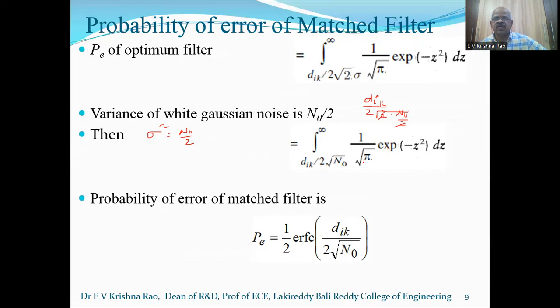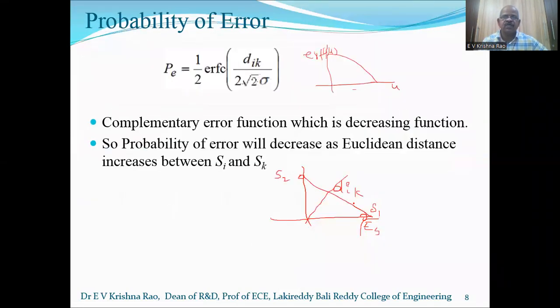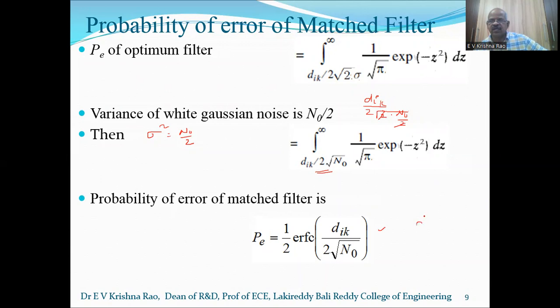So this is expressed as 1 by root pi, e power minus z square dz, where the lower limit is expressed in the complementary error function, half complementary error function of dak by 2 root n naught. The same thing as earlier, where the probability of error is dak by 2 root 2 sigma, and this sigma is n naught by 2, so this gets cancelled, giving dak by 2 root n naught.